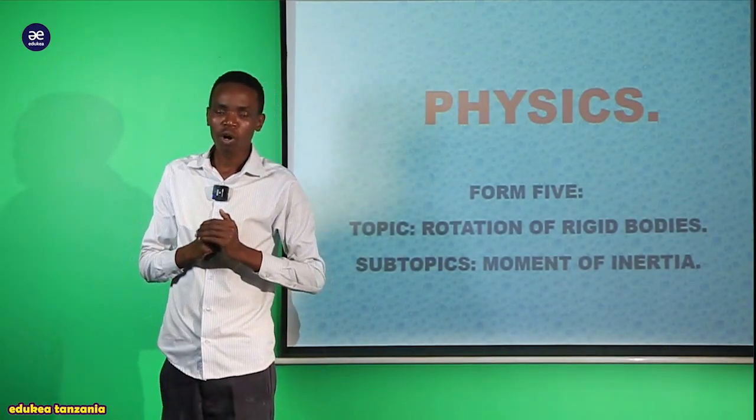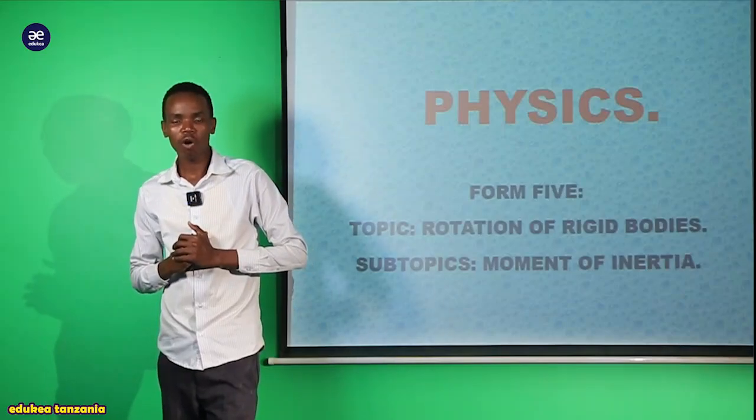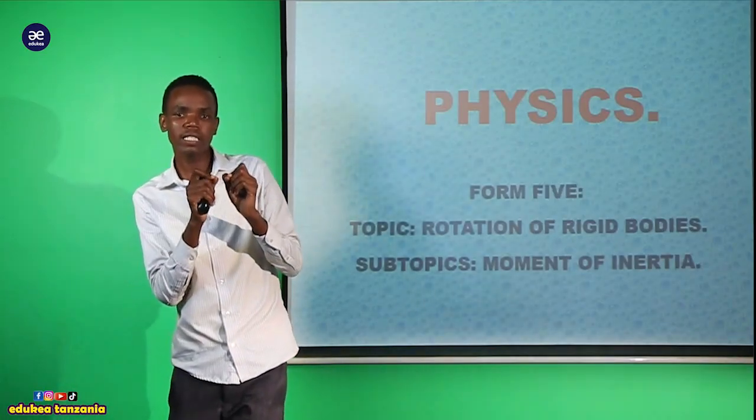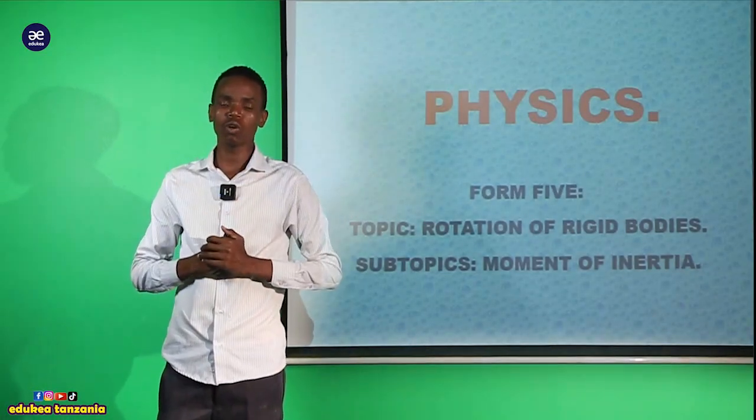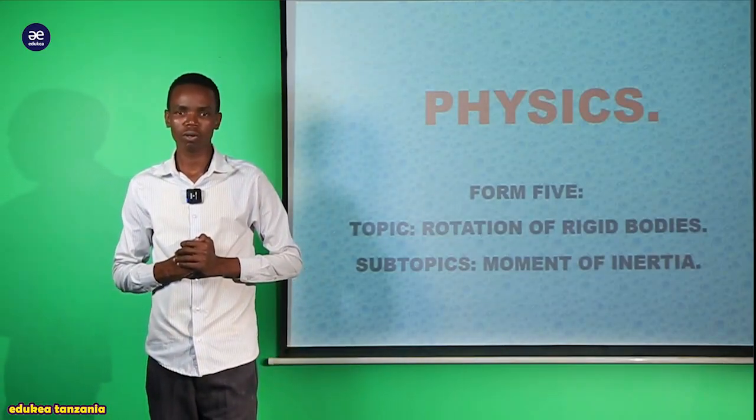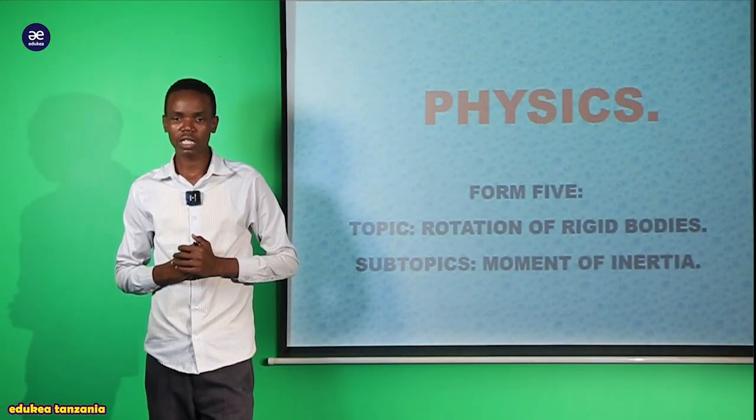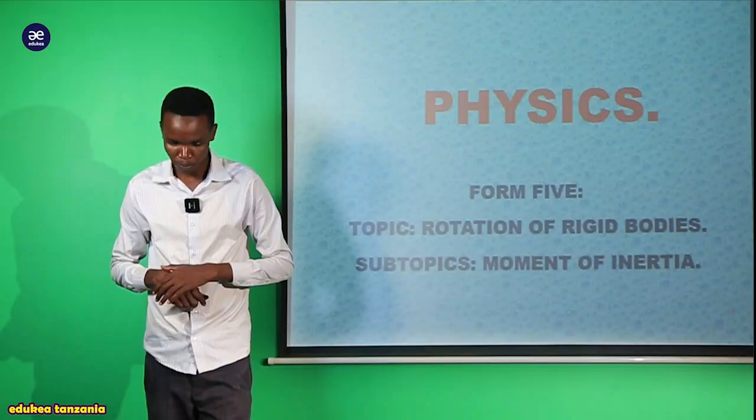And we said that always the moment of inertia of a solid sphere is less than the moment of inertia of the hollow sphere. That is what we tried to see on the last session.